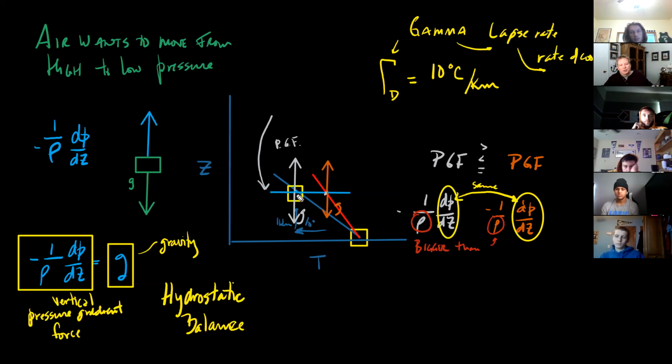So what will this box want to do? Move down. This box will sink. The box will sink because it's more dense. More dense than what?